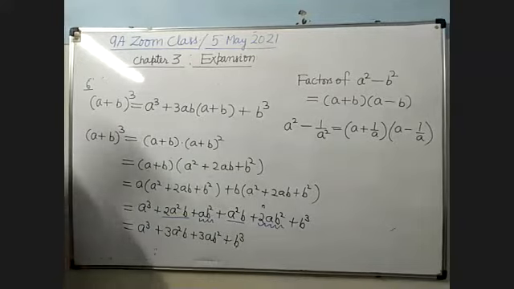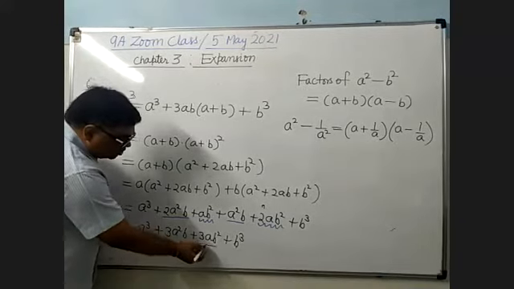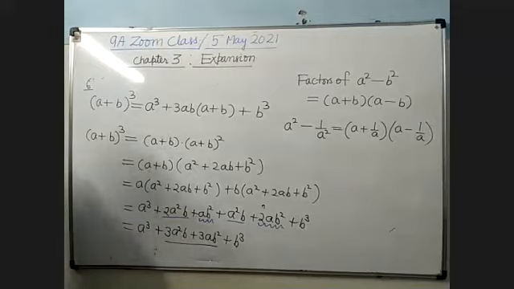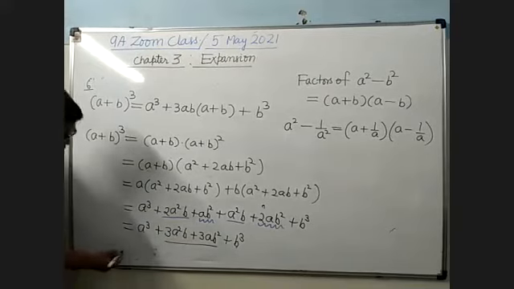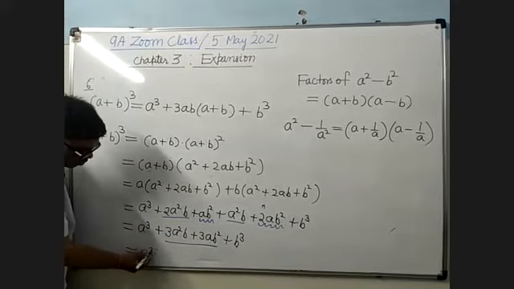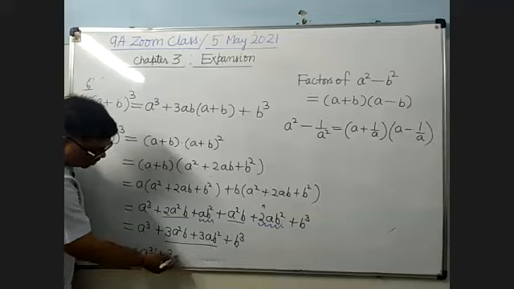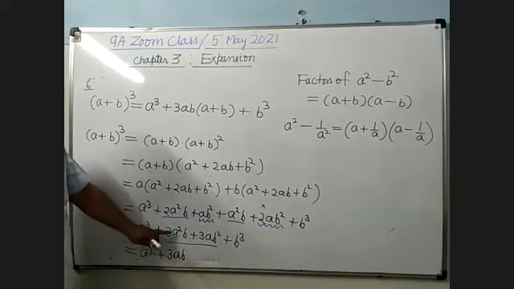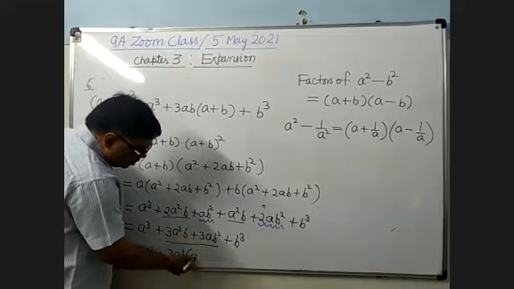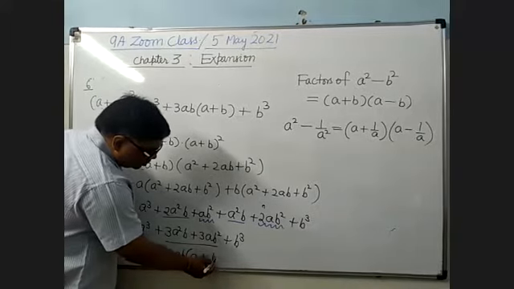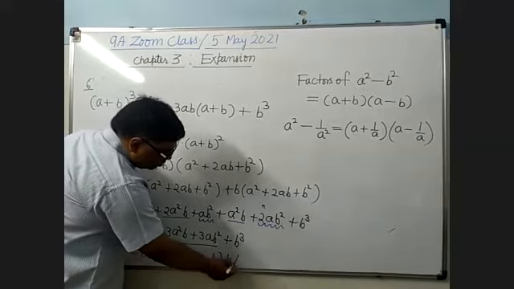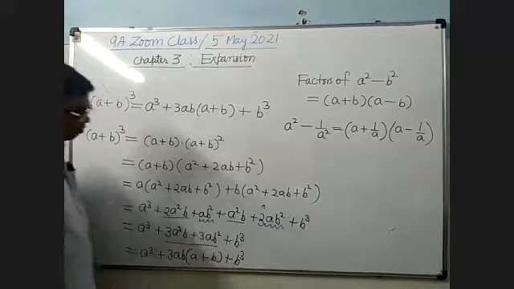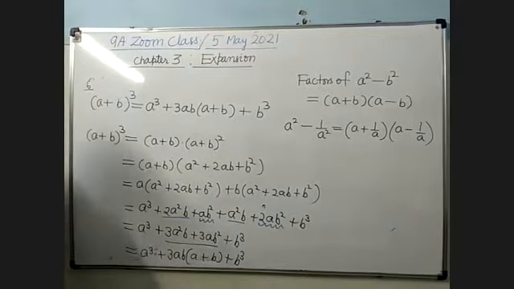So what will be common in between these two terms? इन दोनों टर्म में से क्या कॉमन है? So if you see here, a cube, you can take 3ab common. When you take 3ab common, here you will get a plus b. Plus b cube. Means this is the formula.